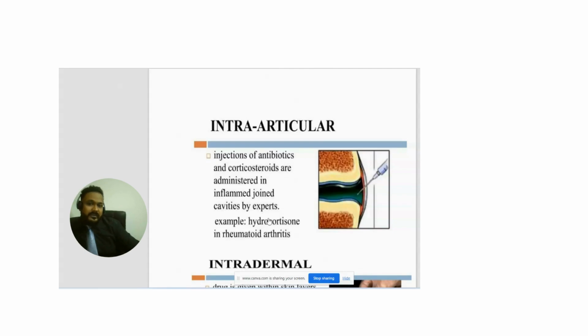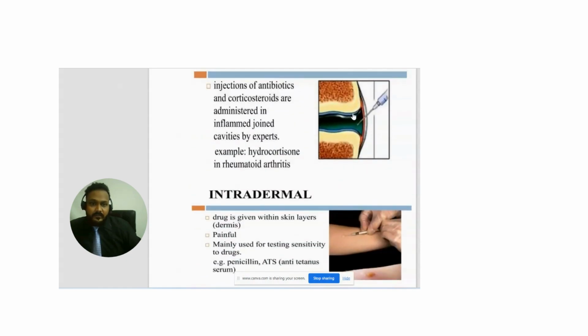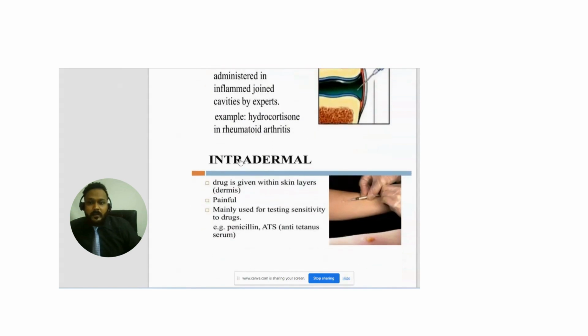It is only given by the experts. For example, hydrocortisone in rheumatoid arthritis condition. You know what is rheumatoid arthritis? It's an autoimmune disorder characterized by joint pain, especially at the knee site, because the overall load of the body comes at the knee.